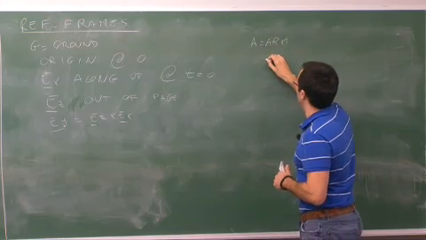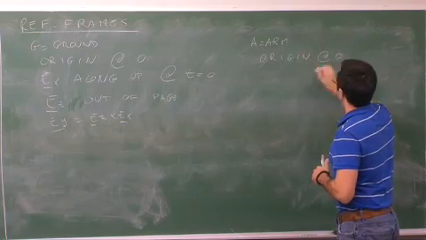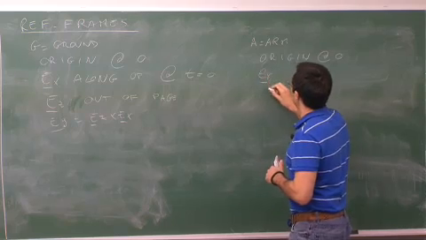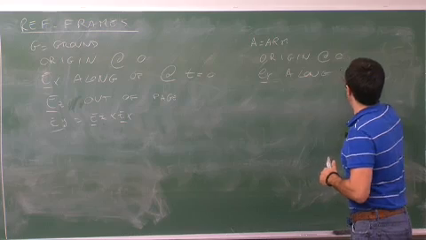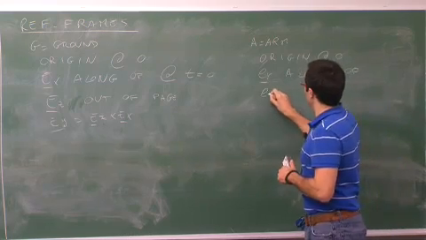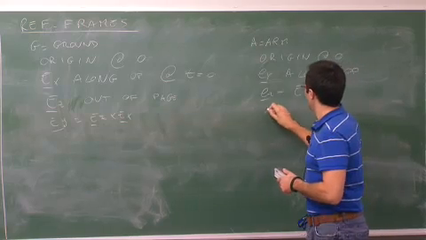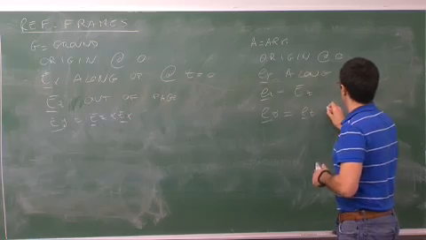And there's nothing new here. Same origin. Origin at O. And then, as we've done several times before, let's say that ER is along OP. Reuse one of the axes, because that's the rotation axis. And E theta is EZ cross ER.